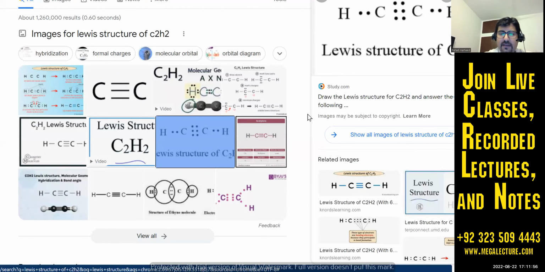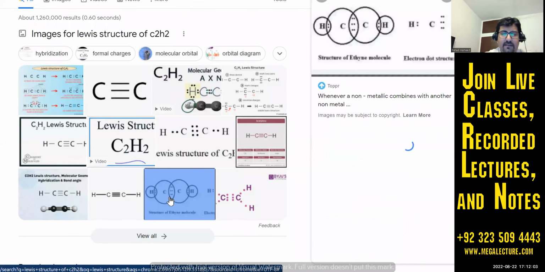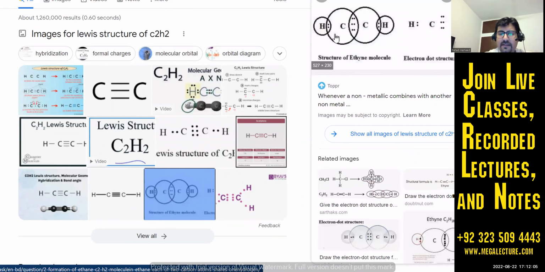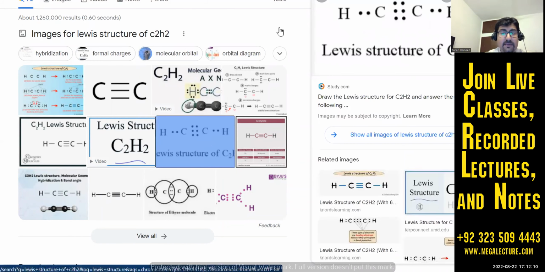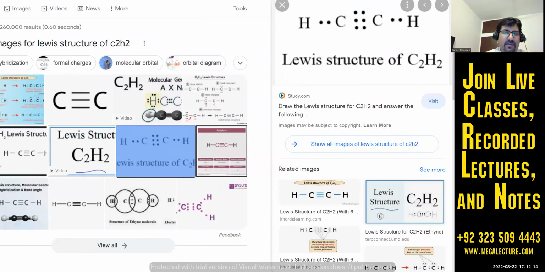This one, if you can see this one. Okay, they're not even drawing the circles. Okay, so they've drawn the circles, right? But then you have this as well, which is kind of exactly the same. If you can see this, but they don't even draw the circles.